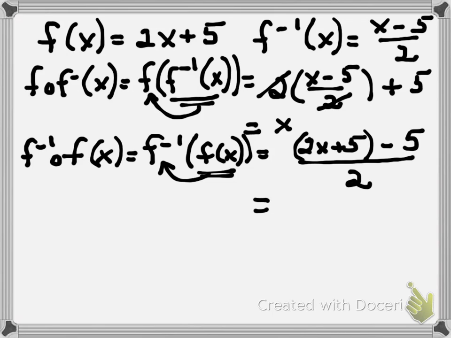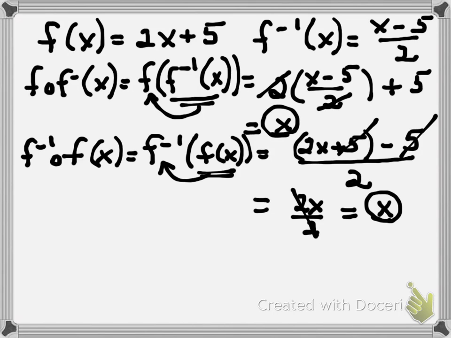In the numerator, the plus 5 and the minus 5 cancel out. And then I have 2x over 2, which is x. So what happens is, if I put the composition of the inverse into the function, or the function into the inverse, I get the identity function. And this is significant.